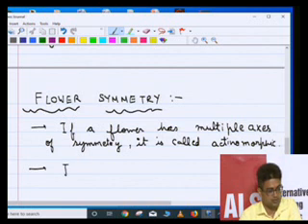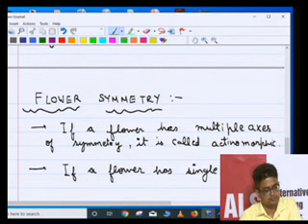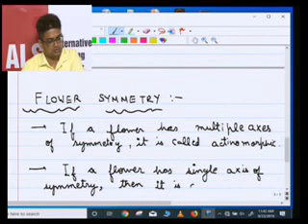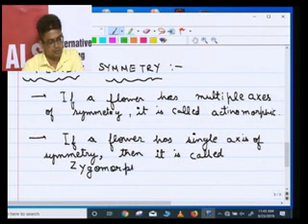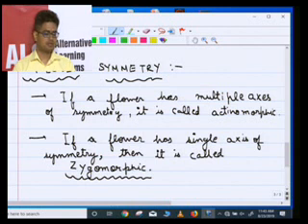If a flower has a single axis of symmetry, it is called zygomorphic. So actinomorphic and zygomorphic are described with respect to a flower.